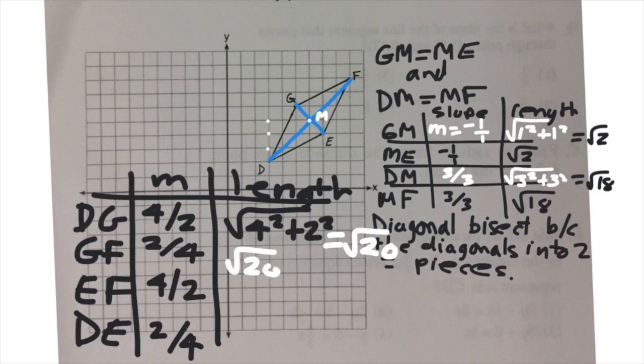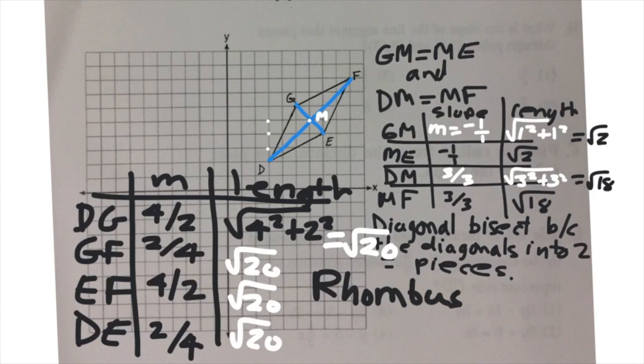So speeding along, every single side is worth radical 20. So in a final sentence, my conclusion would be it's a rhombus because all four sides have the same length.